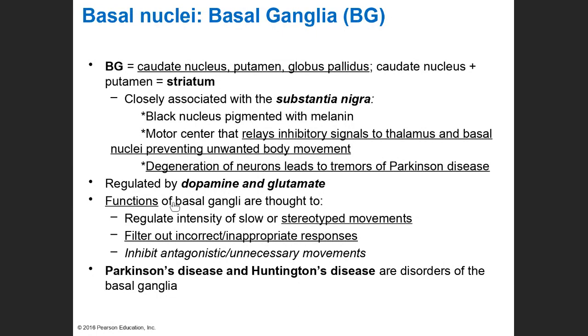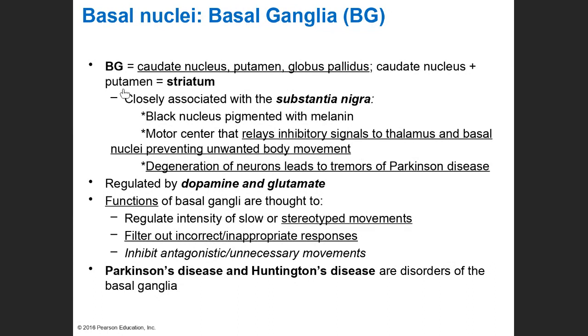As far as functions, the functions of the basal ganglia are really all about stereotyped movements, movements that you've done before, stored in your memory. They're just repetitious movements. And that's why what you're going to see in Parkinson's disease are typically tremors associated with stereotyped movements.